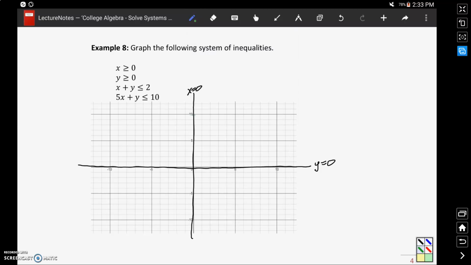We'll end up with our line that had an intercept at 0, 10, and 2, 0, and our other line that had a y-intercept at 2 and an x-intercept at 2.